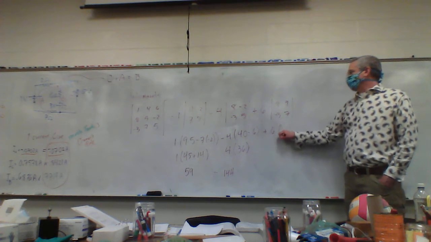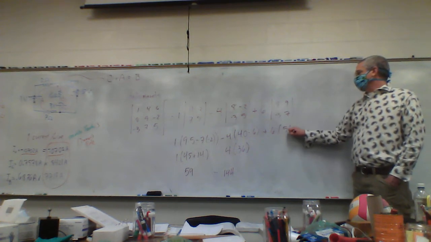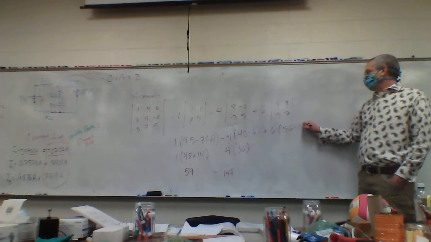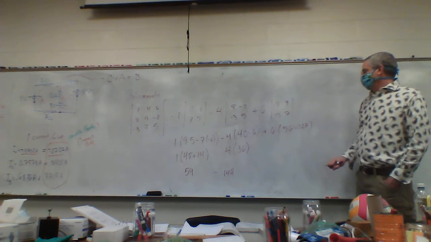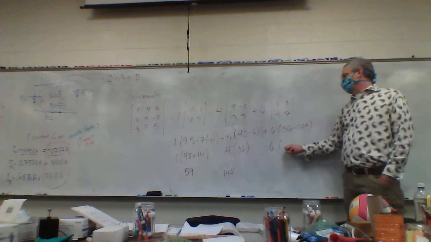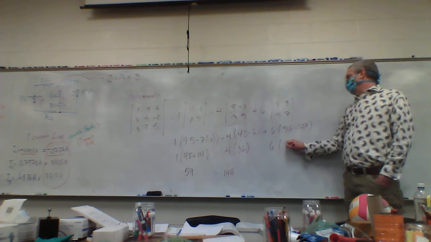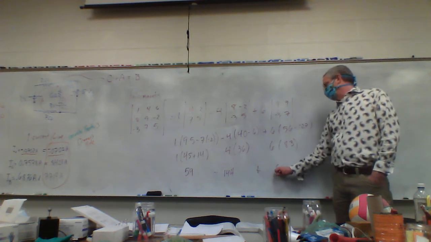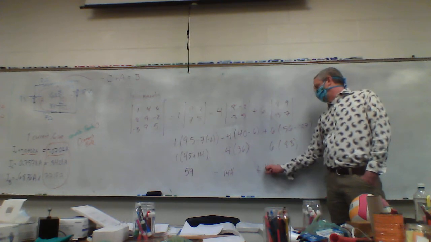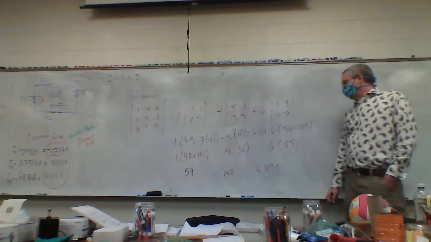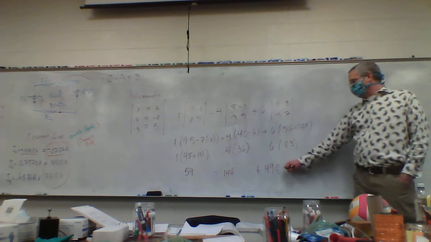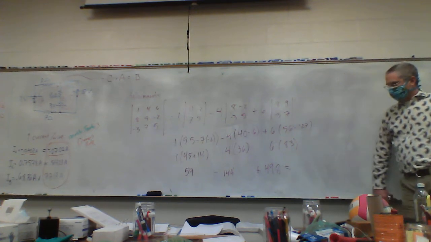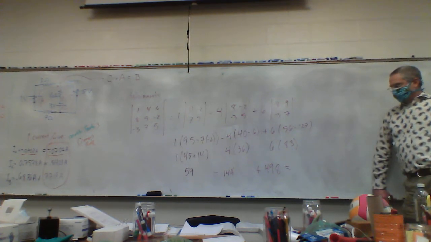Plus 6 times 8 times 7, which is 56, minus negative 27, which is 6 times 83. I think it's 498. I think that should give you 421.